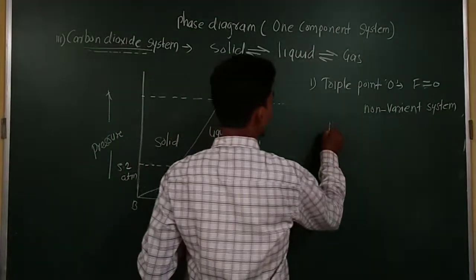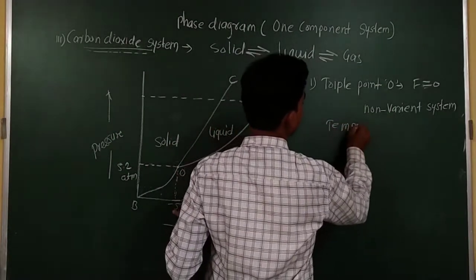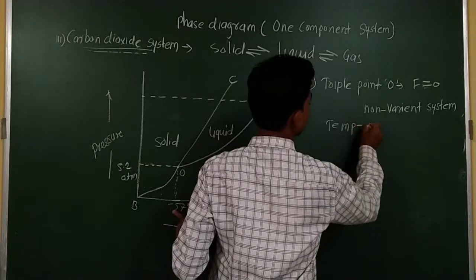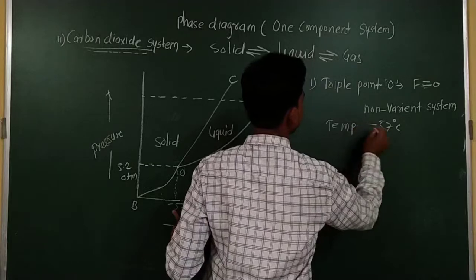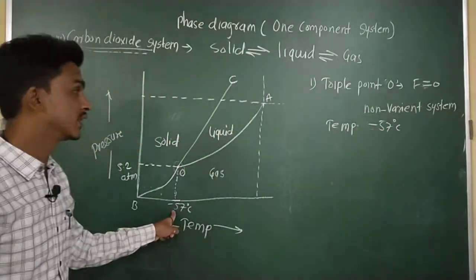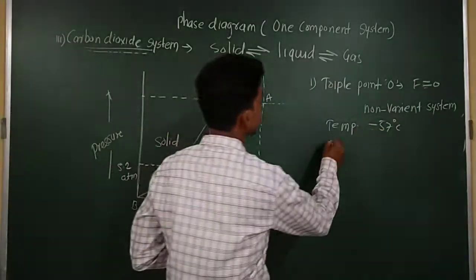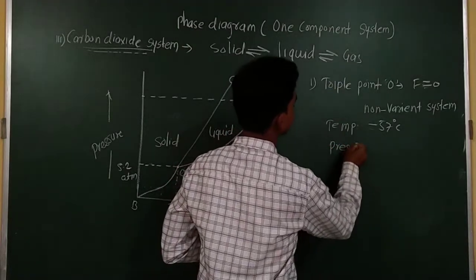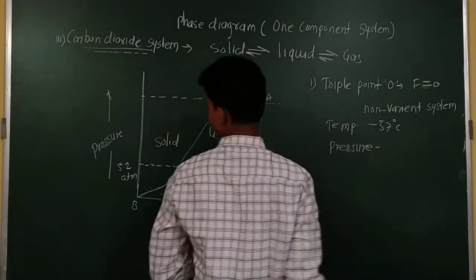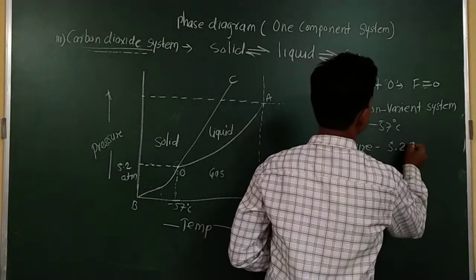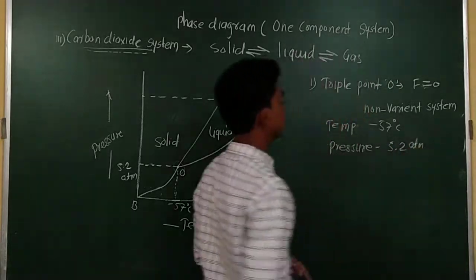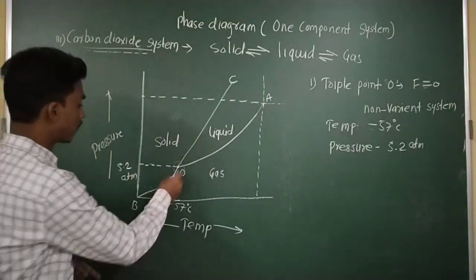At this triple point, the temperature is minus 57 degrees Celsius, and the pressure is 5.2 atmospheric pressure. This pressure is given here at the point O.